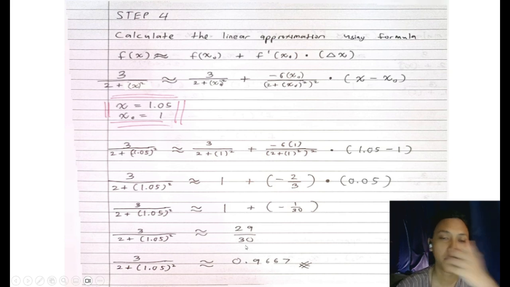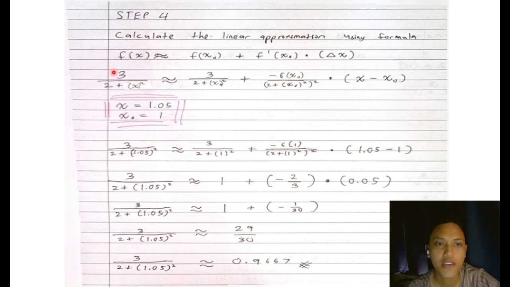Step 4 is to calculate the linear approximation using the formula mentioned before: f(x) is approximately equal to f(x0) plus f'(x0) times delta x. Since we have found f(x0), f'(x0) and delta x, we can put all this together inside the formula.